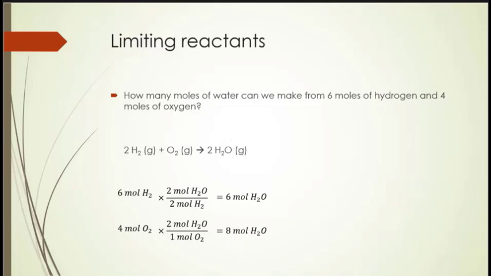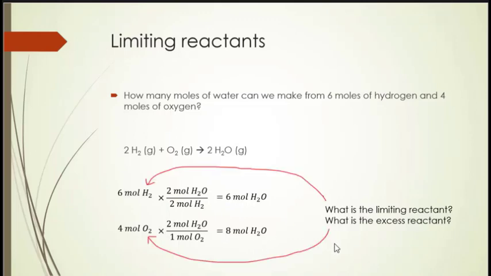Let's think about this. How many moles of water can I actually make? Can I make 6 or can I make 8? Well, I only have enough hydrogen to make 6. I can't make 8 if I am limited by the amount of hydrogen.